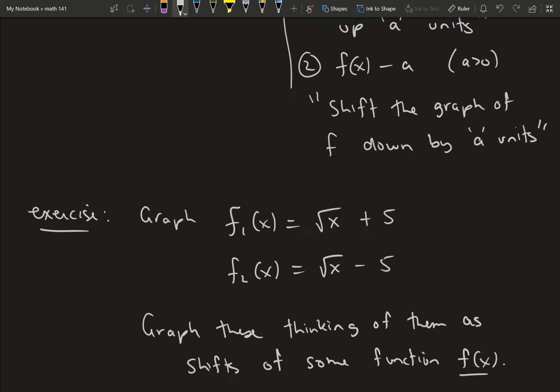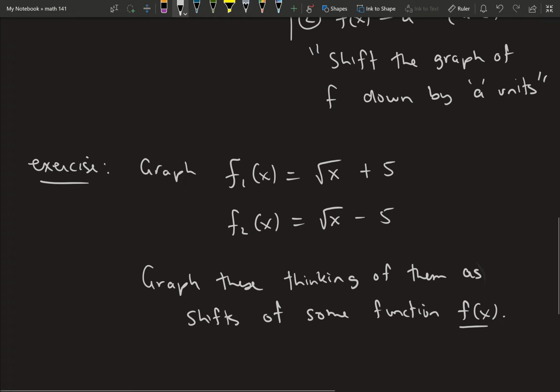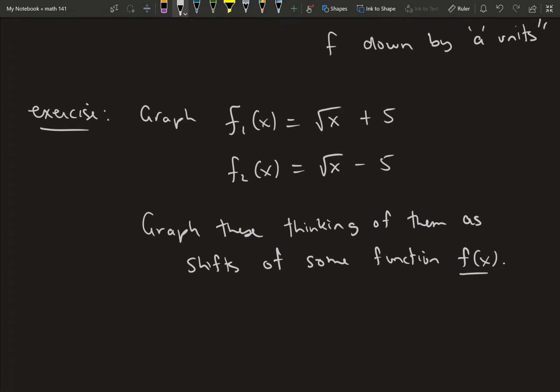Your job is, first, to find f of x, graph it, and then graph f1 and f2.